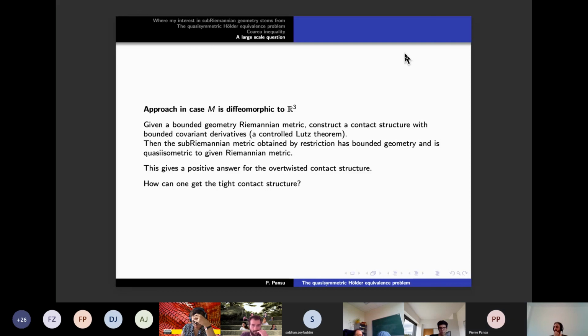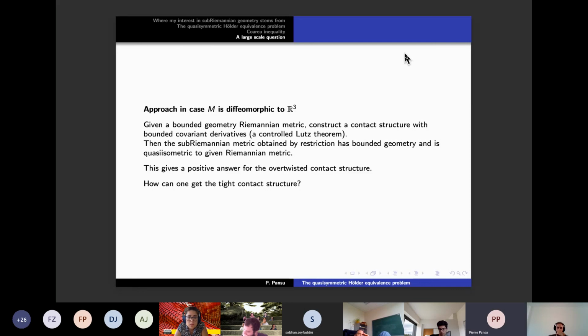In this way, I obtain an over-twisted contact structure with control, which achieves the quasi-isometry type which was prescribed. And now I use Eliashberg's theorem that states that on R3 there is only one over-twisted contact structure.